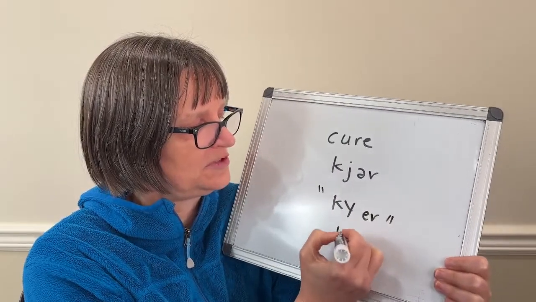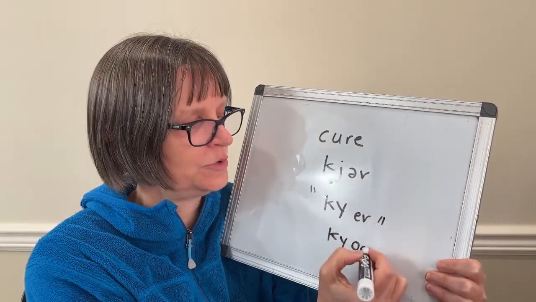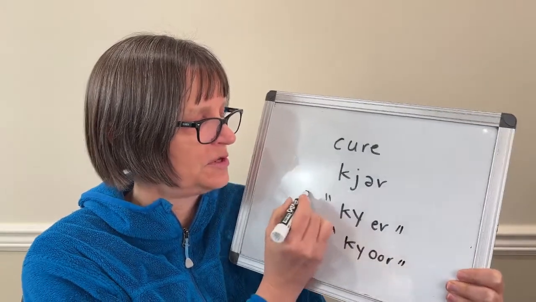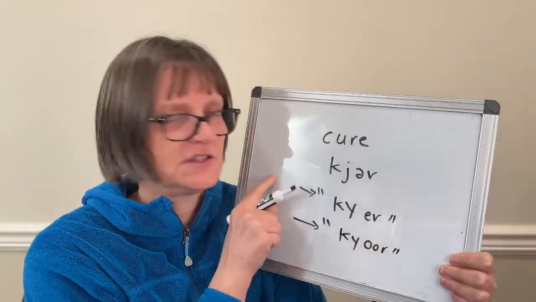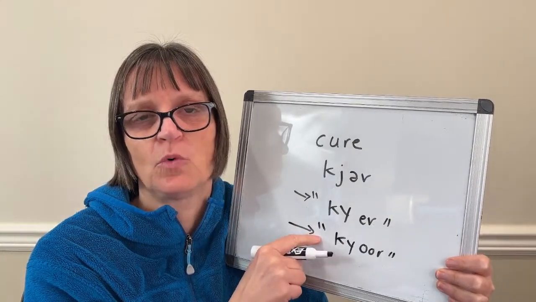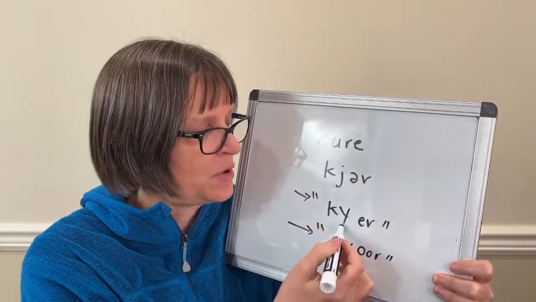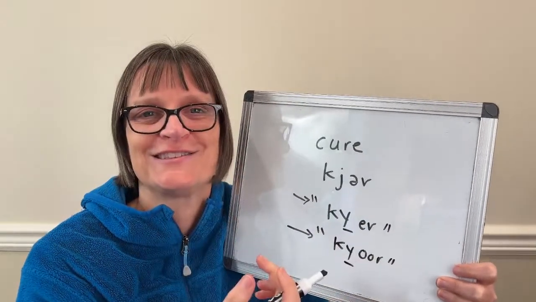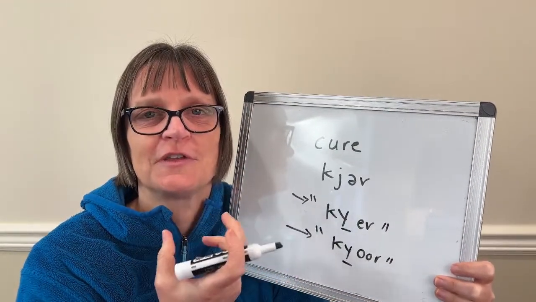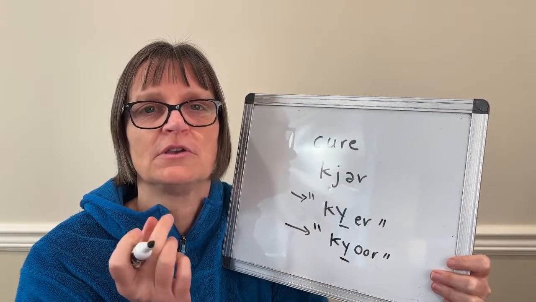Some people will use more of a tense oo vowel here. So both are correct. This is maybe Midwestern, West Coast. This is maybe more East Coast, but they both have that y sound. So that's I'd say the tricky part, to make sure that you're doing not just cur or coor, but kyur.